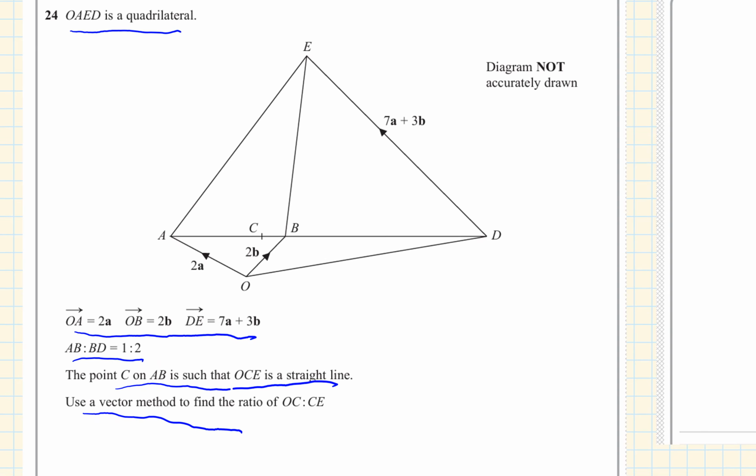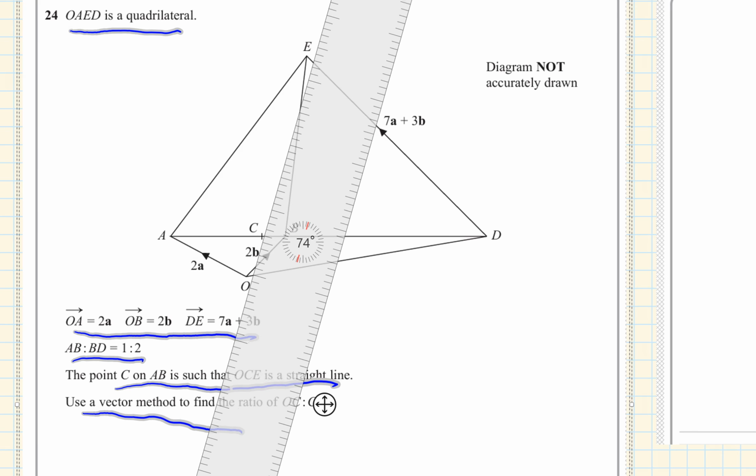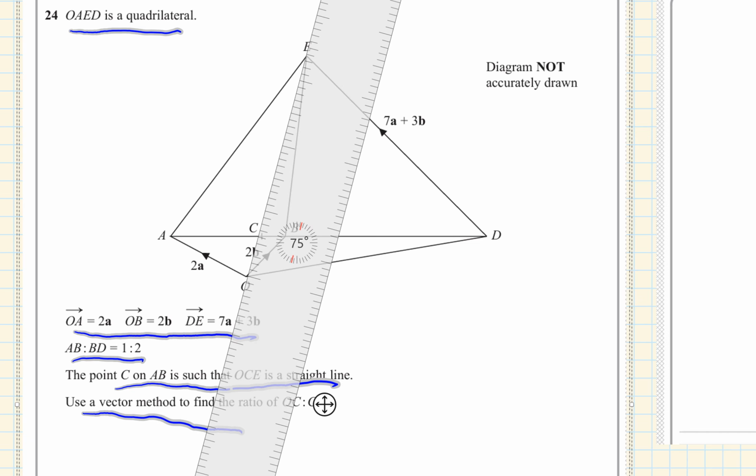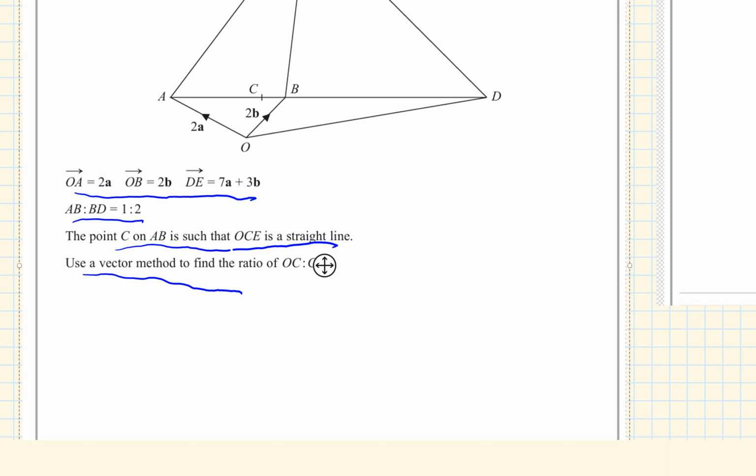So what we would need to do to start is to join OE. I don't know how I can draw the line that passes through C using the ruler. So I will try freehand drawing of that.